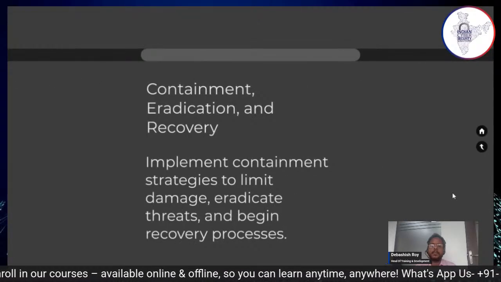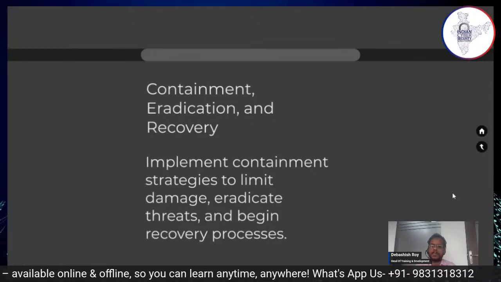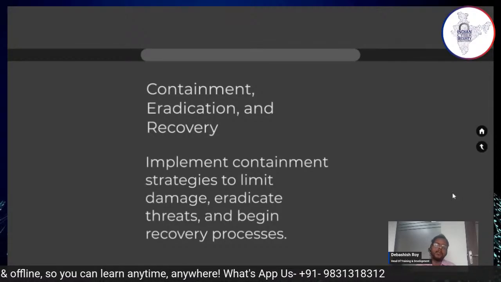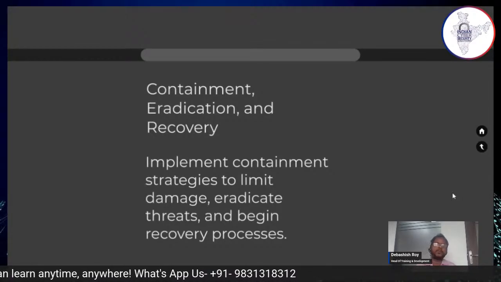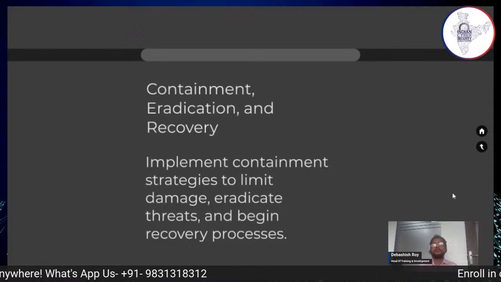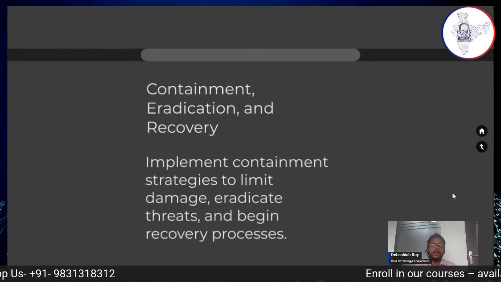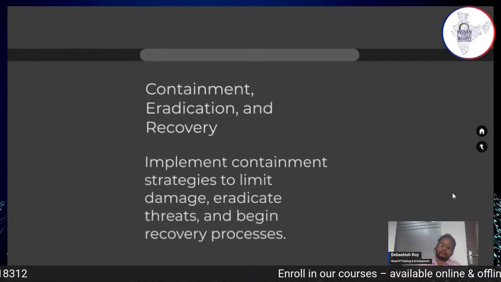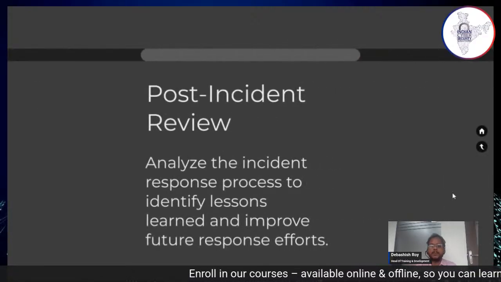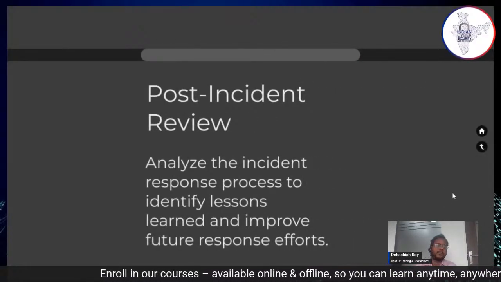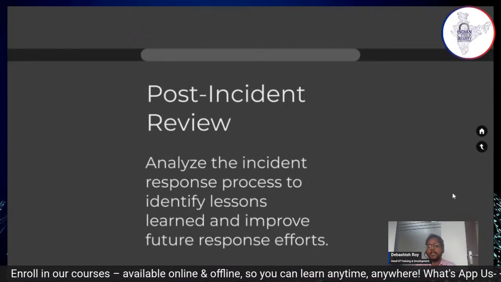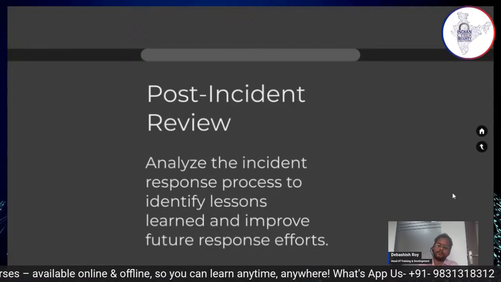Then containment, eradication, and recovery. Implement containment strategies to limit damage, eradicate threats, and begin the recovery process. So if some security breach has happened, you have to mitigate that. Then post-incident review: you have to analyze the incident response process to identify lessons learned and improve future response efforts.